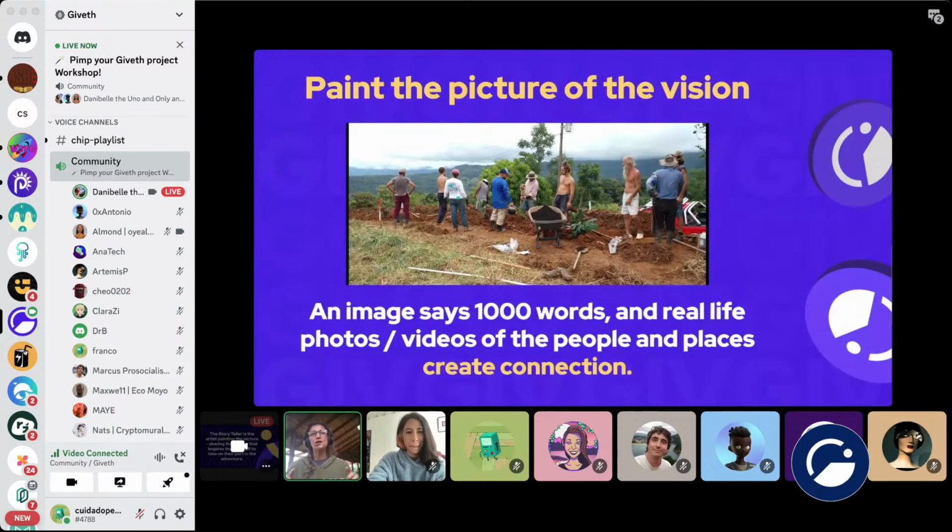A good picture that actually shows people doing work in a place, a nice caption header underneath that, maybe a link to somewhere you can find more images and pictures. This is what actually creates the connection between the story that you are telling to people and their interest and desire to actually see themselves in that picture.